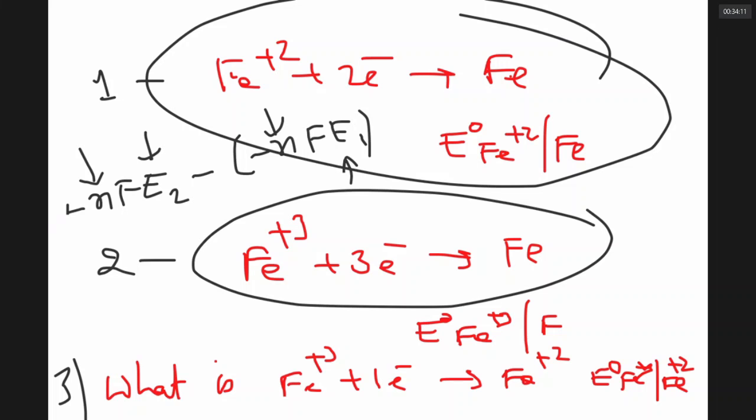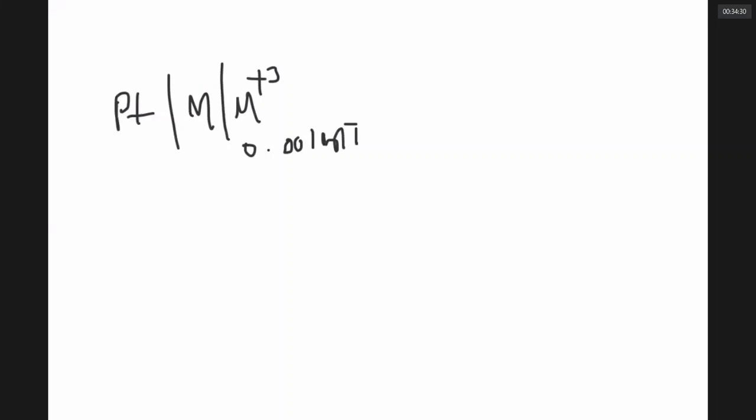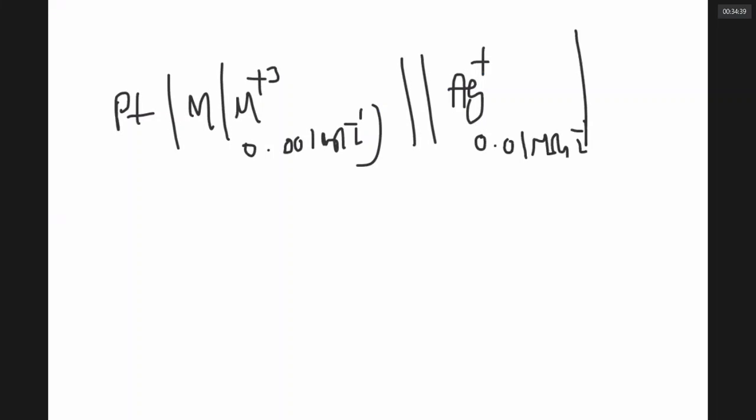Yes, sir. Now let us look at the fifth problem that appeared in the latest exam. They gave me a cell like platinum, M plus 3 at 0.001 moles per liter, salt bridge, Ag plus at 0.01 moles per liter, silver.